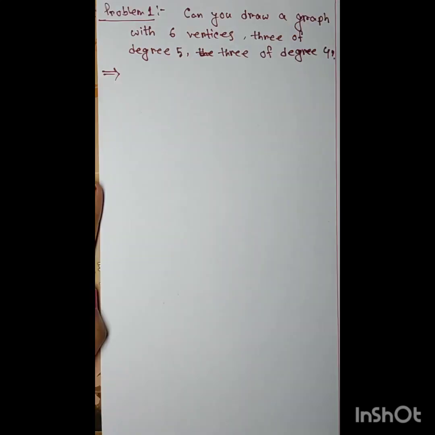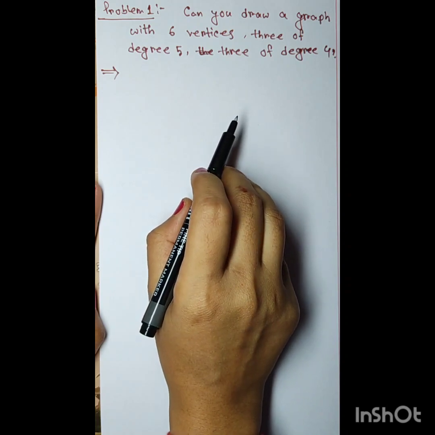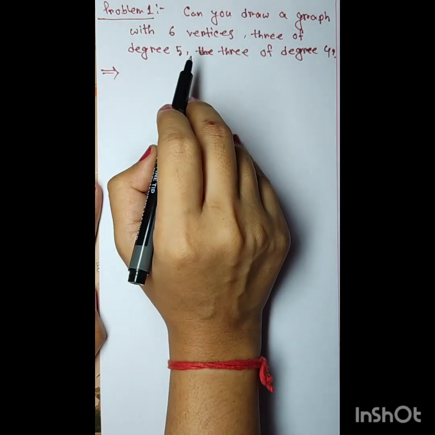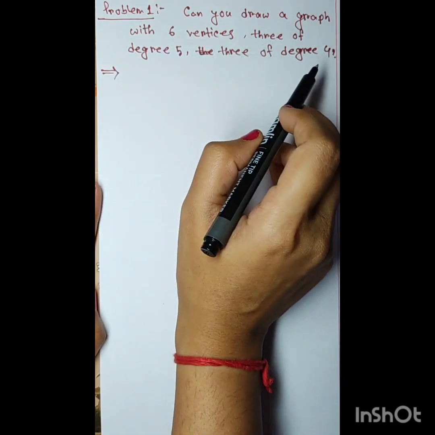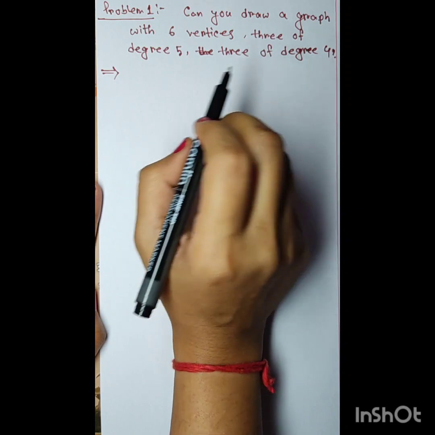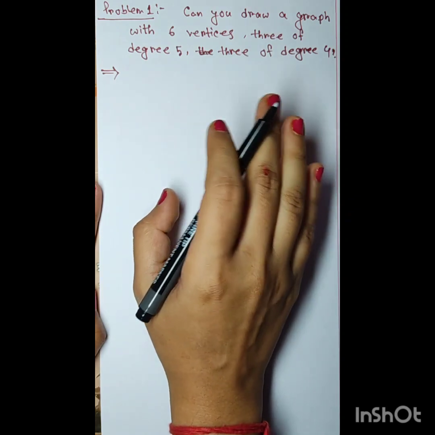Now using the previous corollary we will solve this problem: can you draw a graph with 6 vertices, of which 3 are of degree 5 and 3 are of degree 4? The previous corollary said that in any graph the number of odd degree vertices is always even.